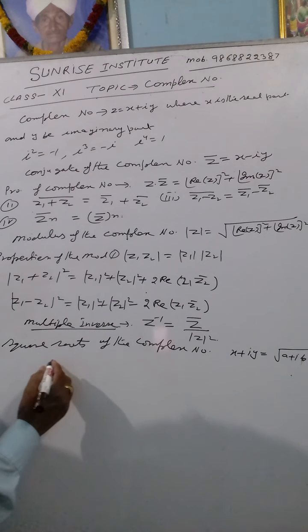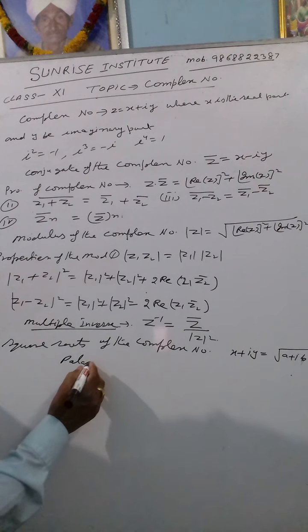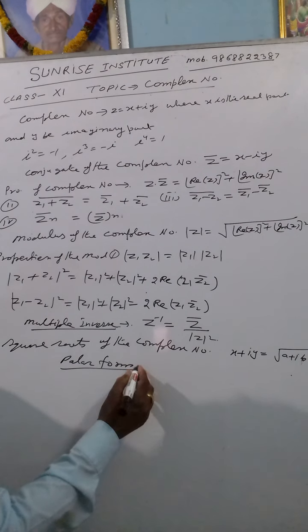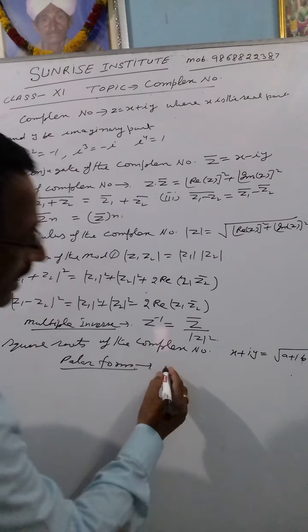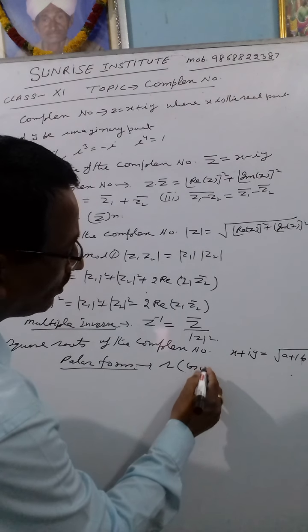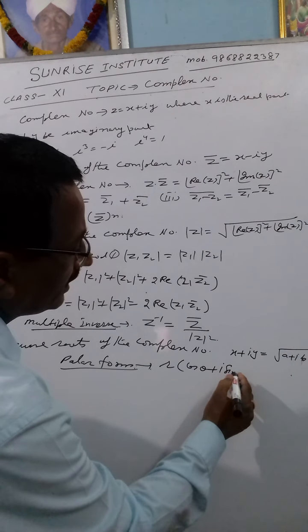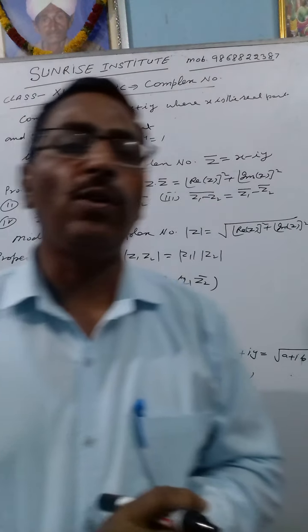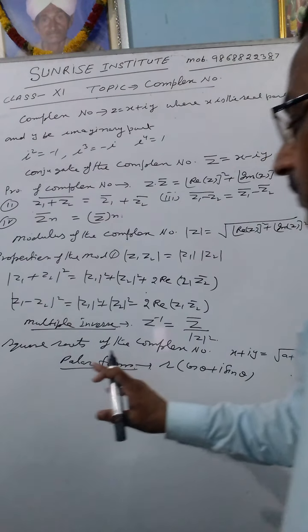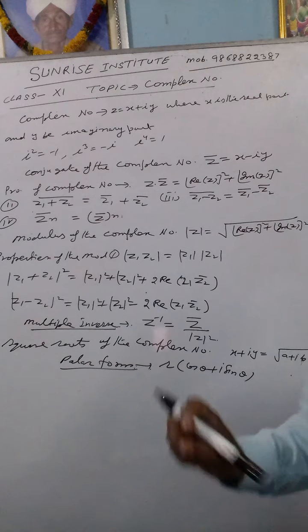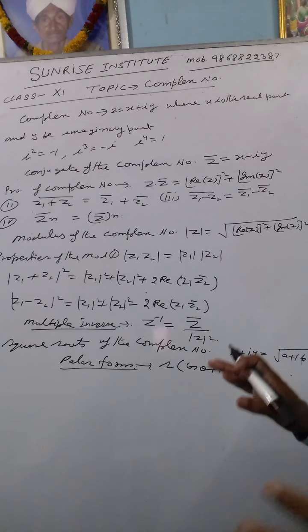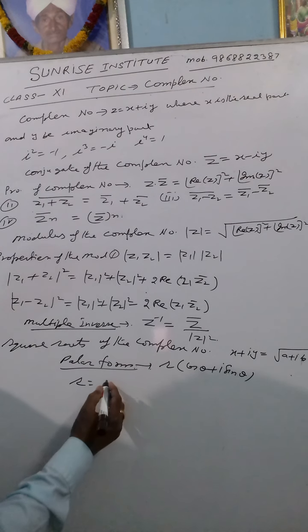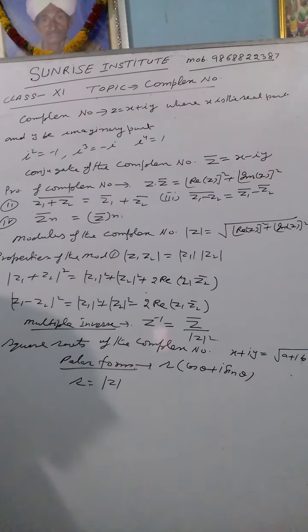Next, polar form. r cos theta plus I sin theta, that is the polar form, where r equals modulus of z.